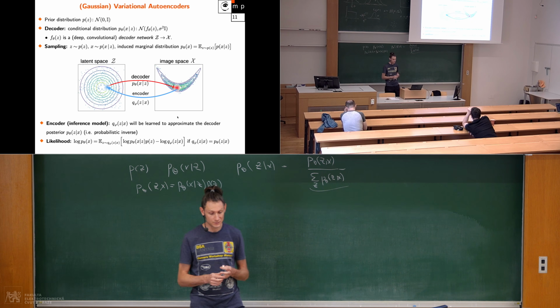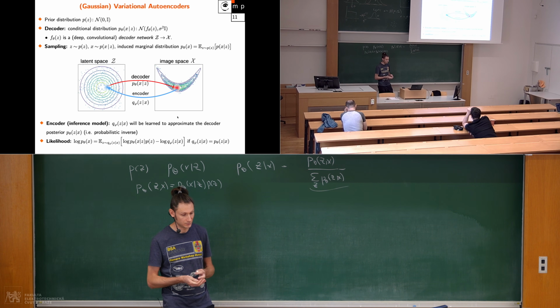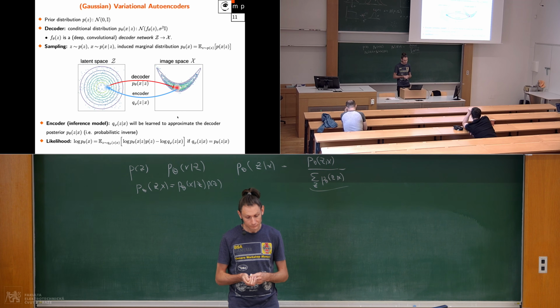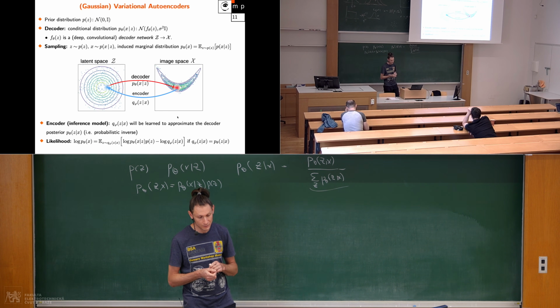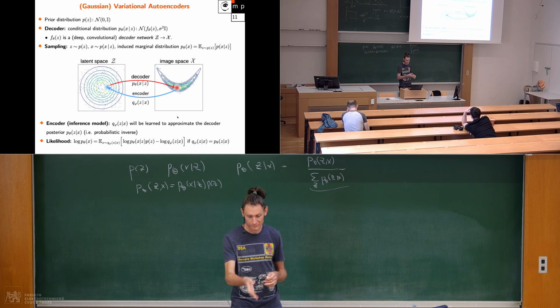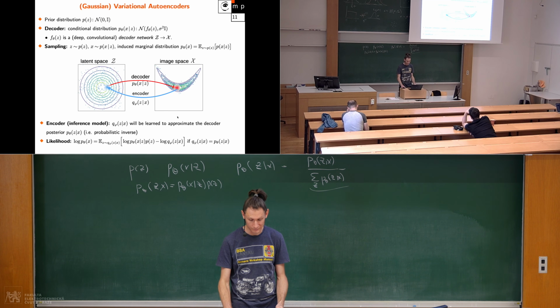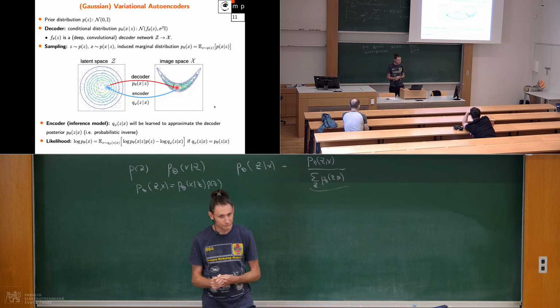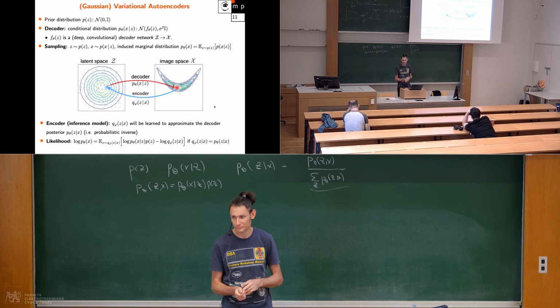This probabilistic model bypasses all these limitations of an invertible mapping. But of course, we still have unresolved questions. How are we actually going to learn such a pair of decoder and encoder? Any questions up to here?